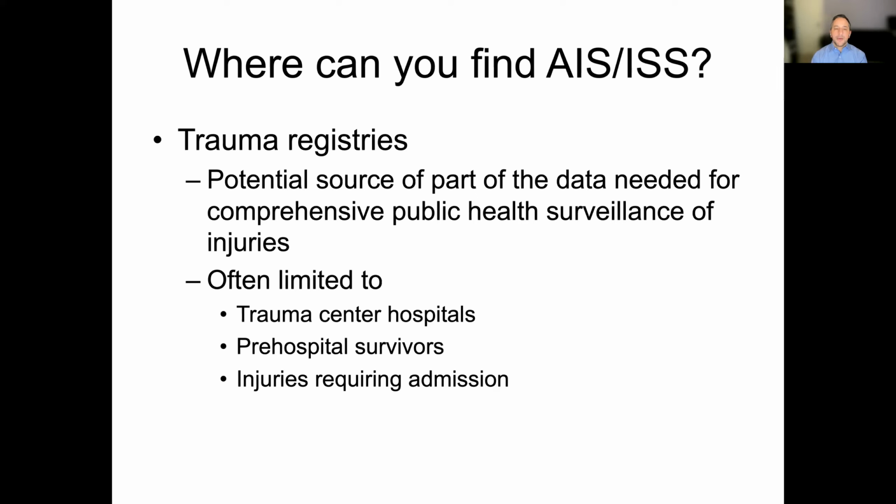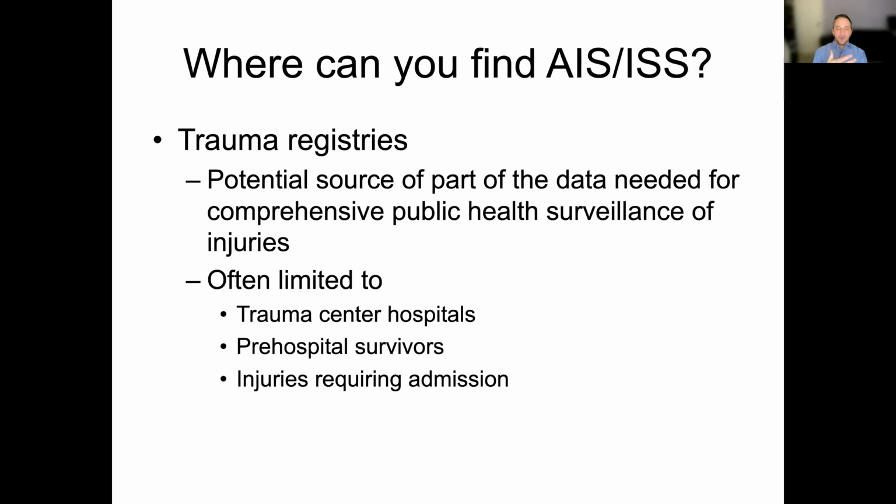The way that these trauma registries work is that there's an accreditation process by which hospitals are accredited to be a certain level trauma center to be able to care for patients with certain severities of injury.